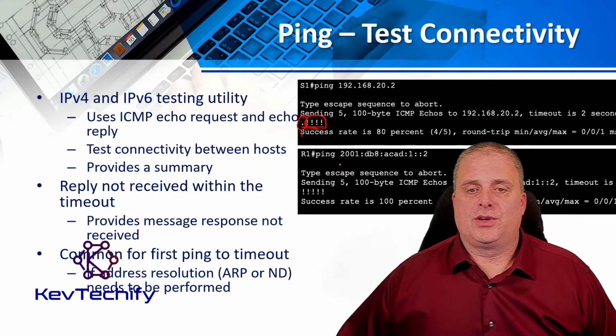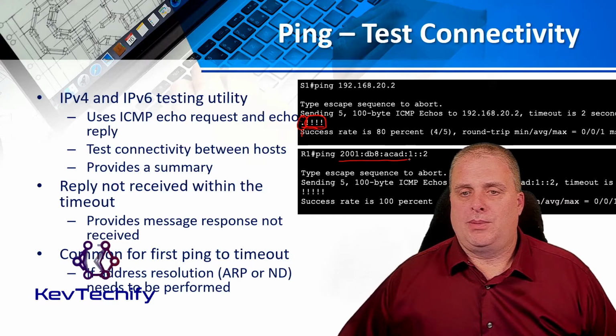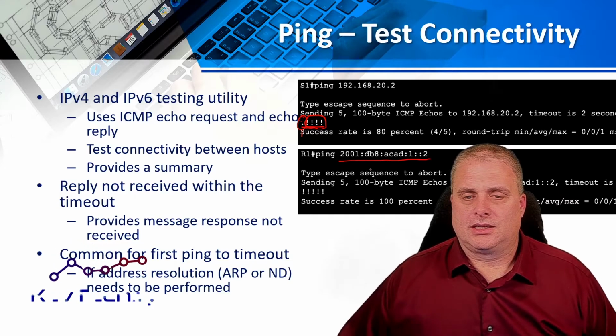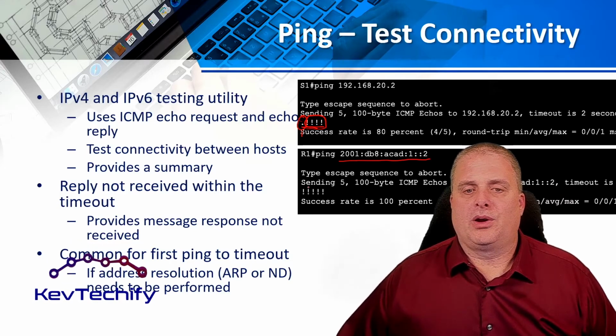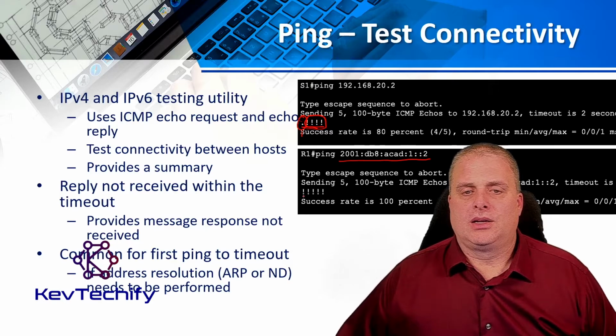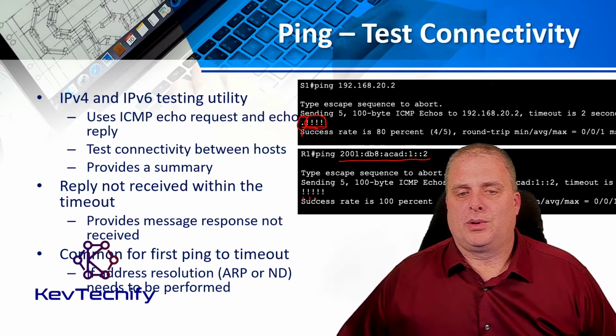Same thing with an IP version 6 address. We send out a ping. On Cisco devices, it sends out 5 echo requests. It was in the MAC address table already.